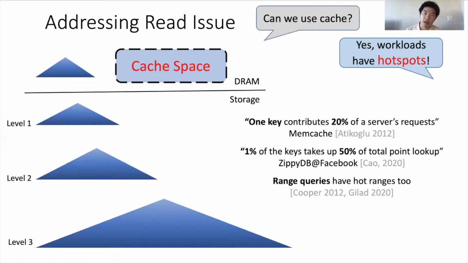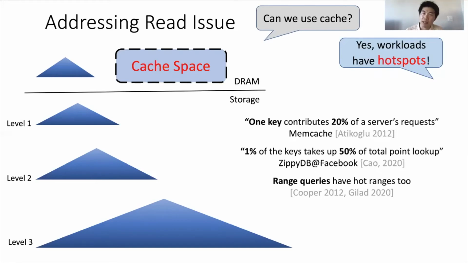And for RocksDB in Facebook, 1% of the keys can take half of the total point lookups. And range queries can also have hot ranges. So this is good news. We can use cache to retain the frequently accessed items in memory to save the storage read.